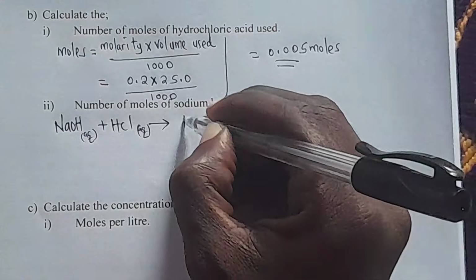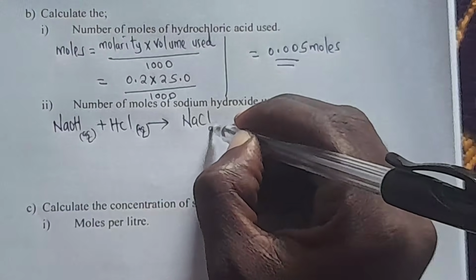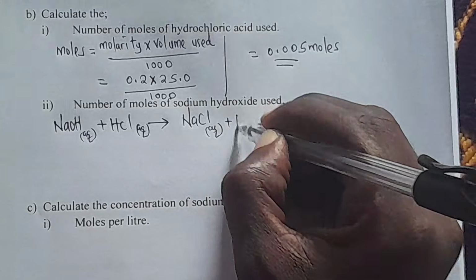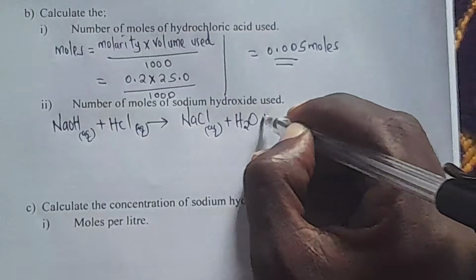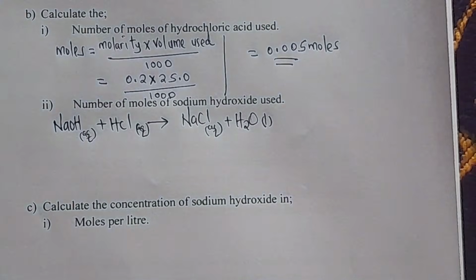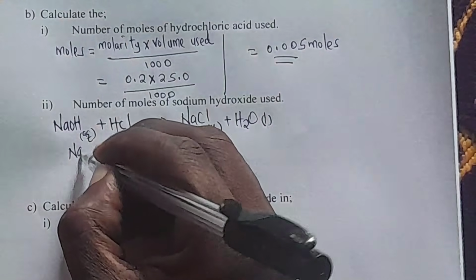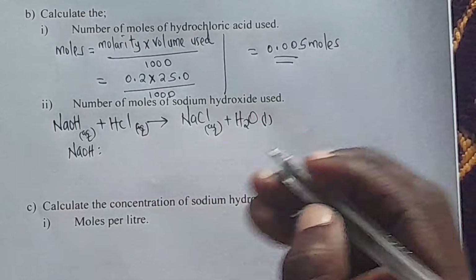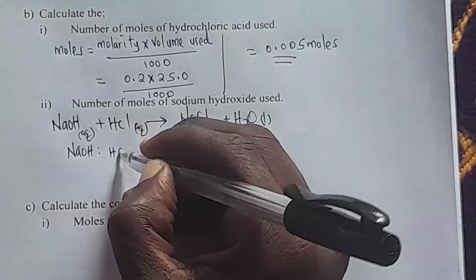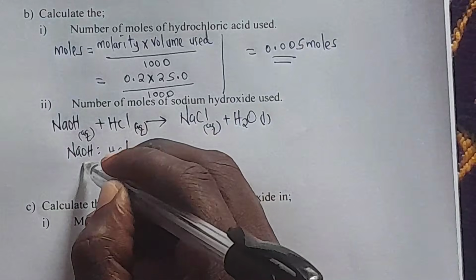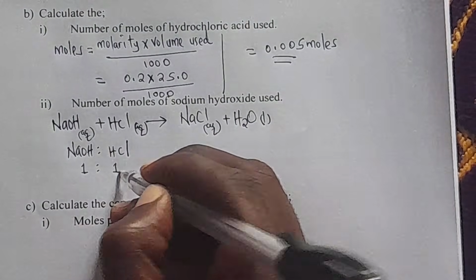We get sodium chloride aqueous and also water, which is liquid. This equation is self-balanced. Let us see now the ratio of sodium hydroxide and hydrochloric acid. The mole ratio is 1:1.